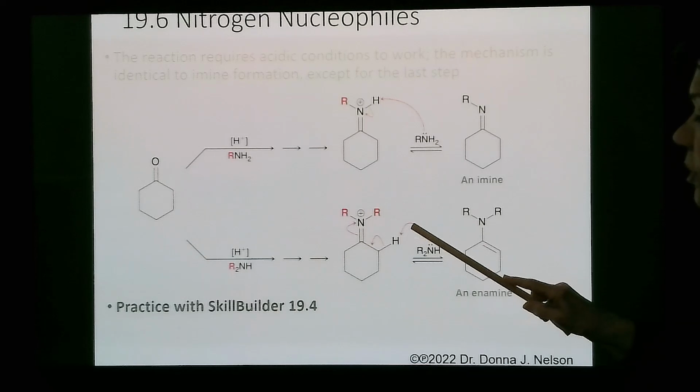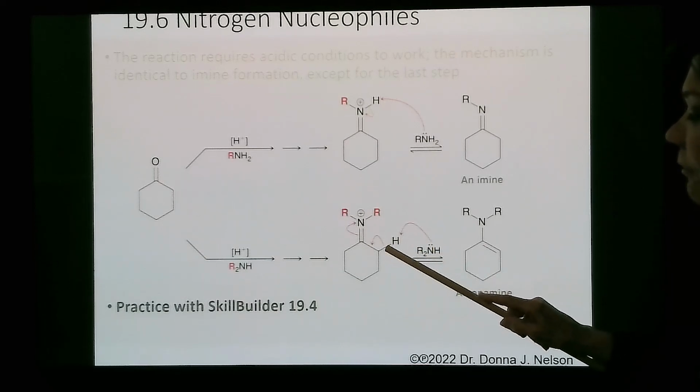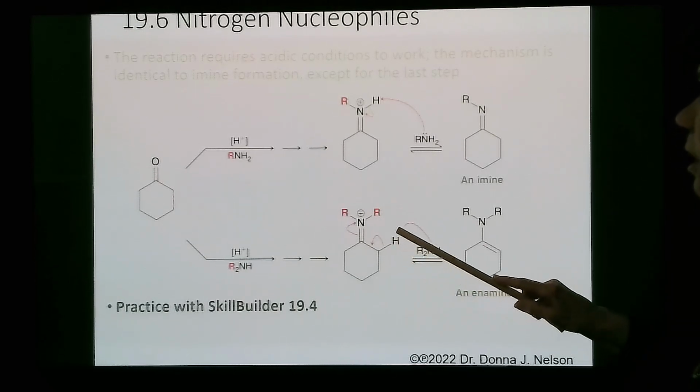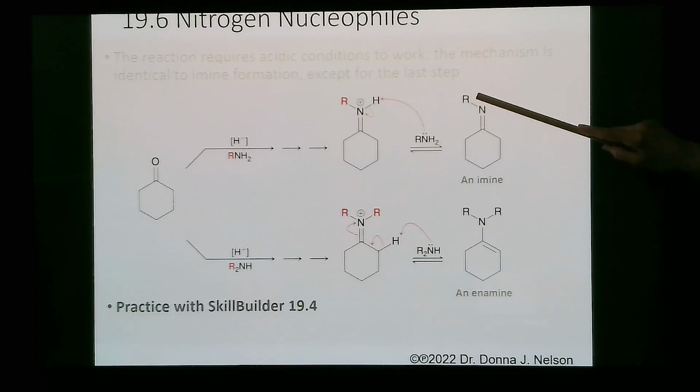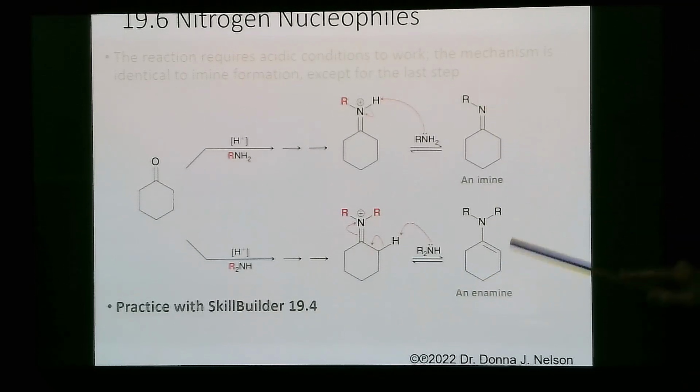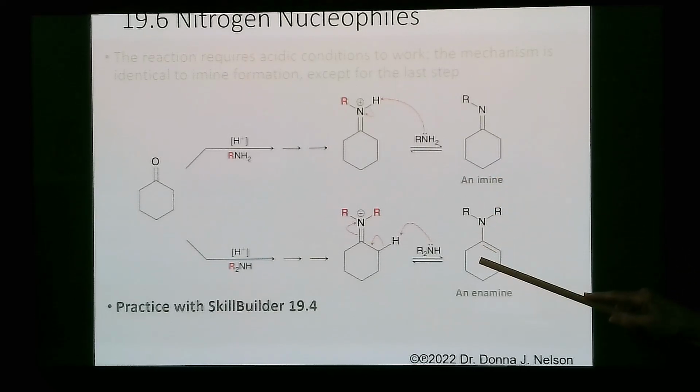Here, the proton is removed at the alpha position. And so you can see that in the first mechanism, we have formation of the imine, and here we have formation of the enamine. So the mechanisms for formation of these two molecules are identical, except for just this last step.